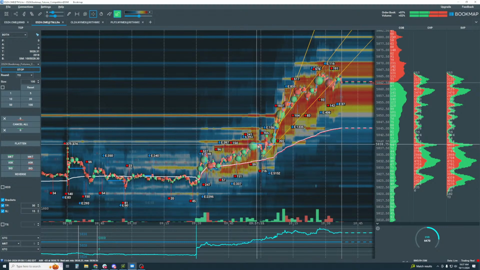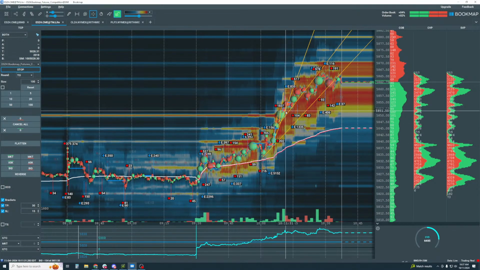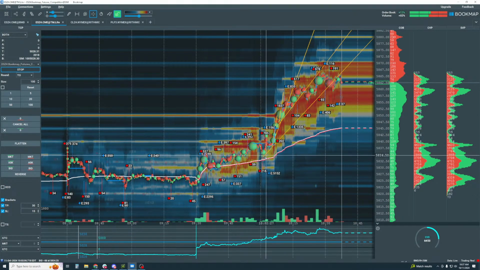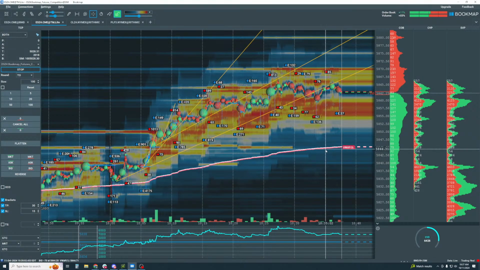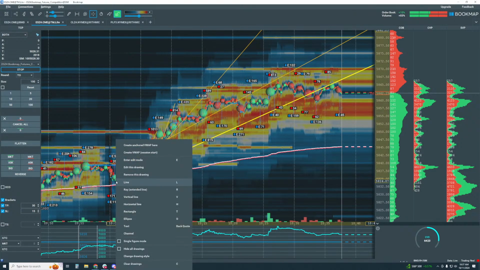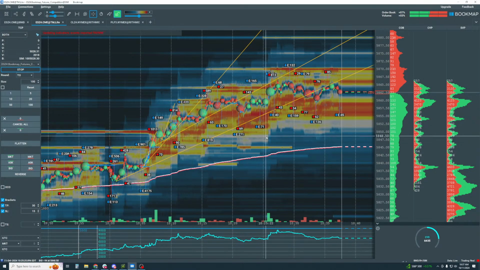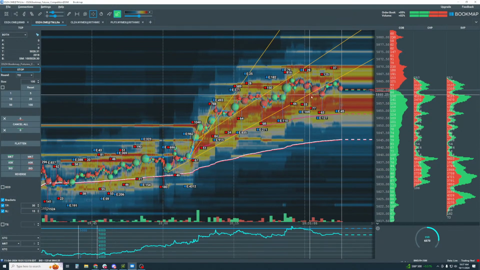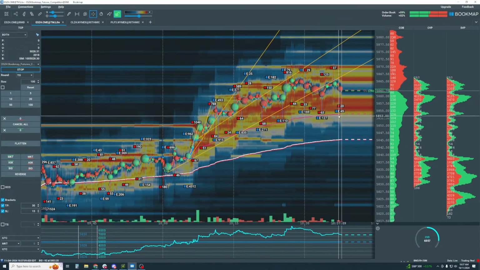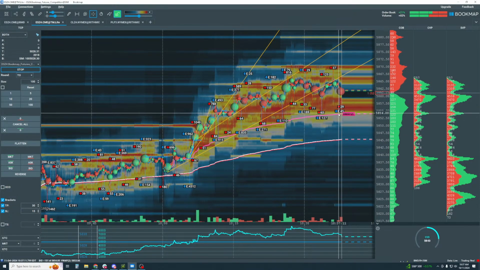Okay, because we can see the pullback in here, and look at the buying that took place. Our VWAP here is just underneath it. You can see this VWAP 1, the red line. Let's put another one in here, on this swing. So maybe we're looking for a pullback into some of these areas. Look at this one here, right now it's around 54.